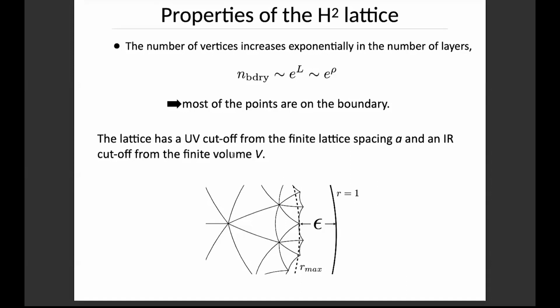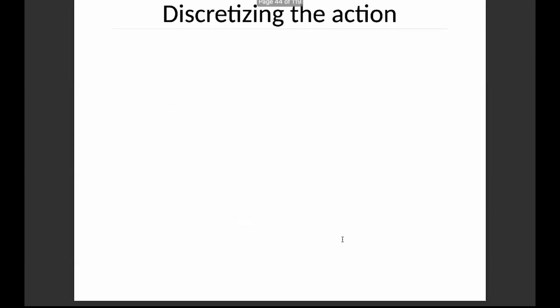And we have an IR cutoff from the finite volume of the lattice, meaning that we're never getting out to r equals 1. We can say the lattice gets within epsilon of r equals 1, and we have control over these things, but I just want to point out that we have the usual UV and IR things to worry about.